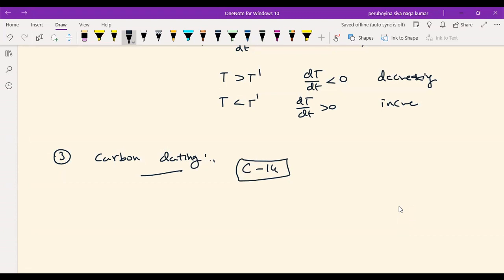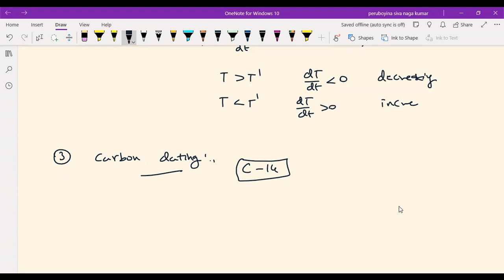This is called the C14 method also. So the amount of C14 in a sample from a dead plant or animal is compared with the amount of carbon 14 present in a living plant or animal, to estimate when the plant or animal died.